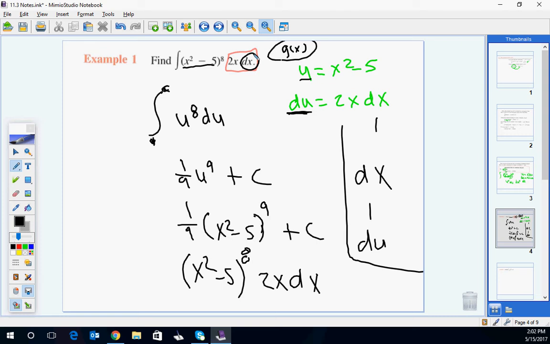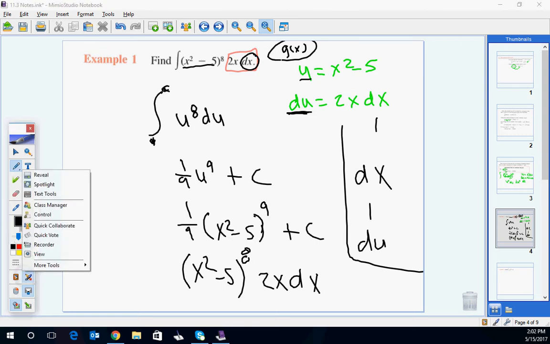I think it's honestly because we haven't established what we're integrating in terms of a variable. So why does the dx stay? That's a good question. I know this is right, but why does it stay?